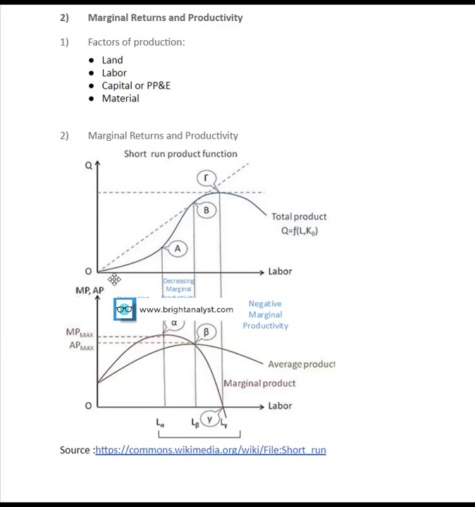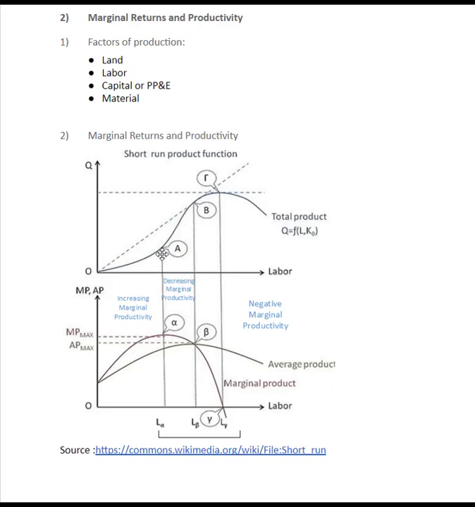The top portion of this diagram, this sub-diagram, only shows the total product. Total product is a function of labor and capital. In the short term, we are assuming labor is the only variable. So it's the maximum output which can be produced by using a given quantity of labor.